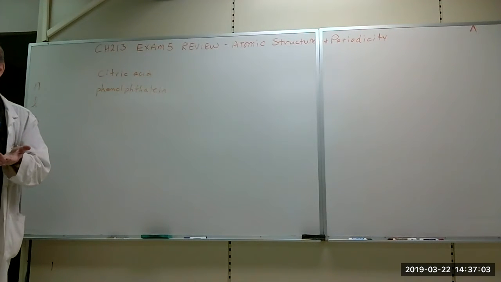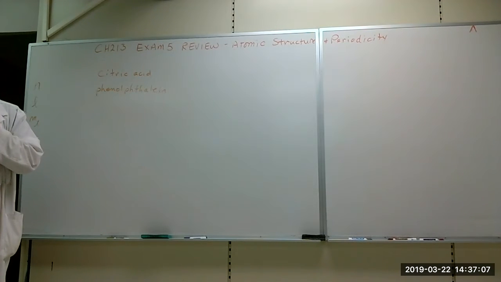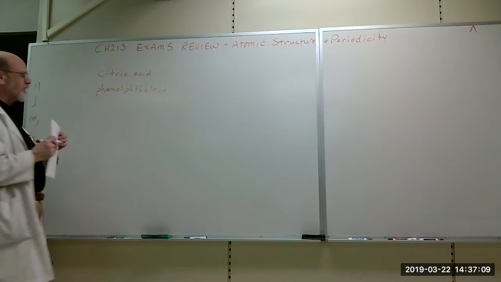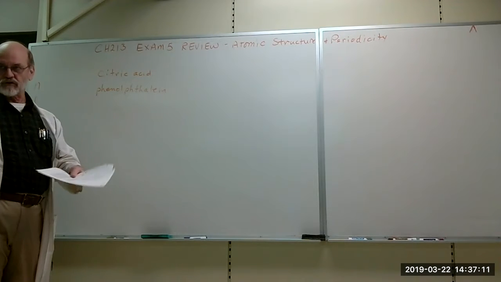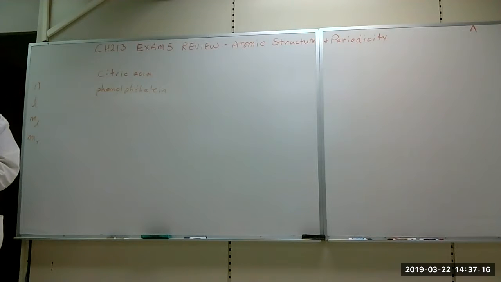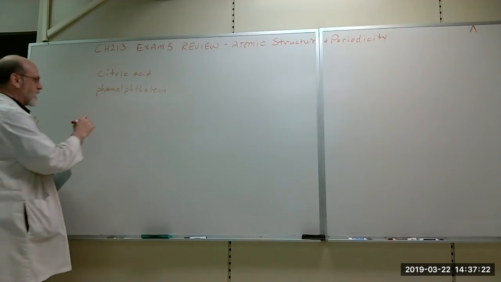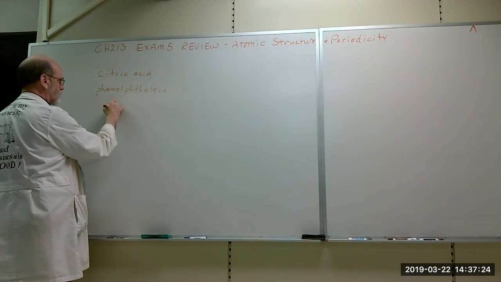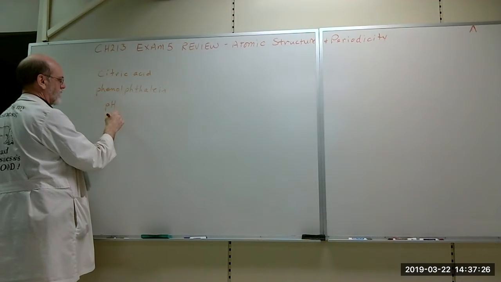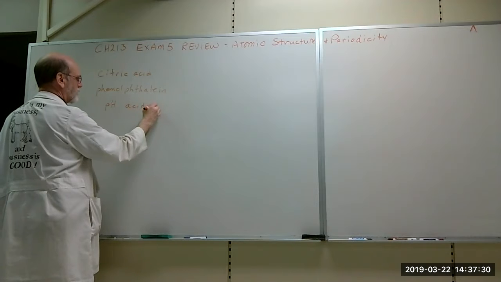It's a dye, and it responds to changes in pH. So phenolphthalein in solution, and in order to use it as an indicator, you just put a couple of drops in your reaction vessel, and as long as the pH is acidic, it's clear.